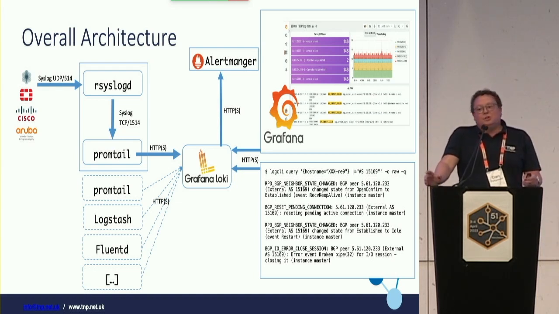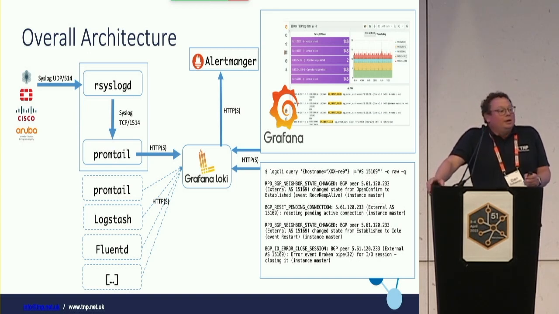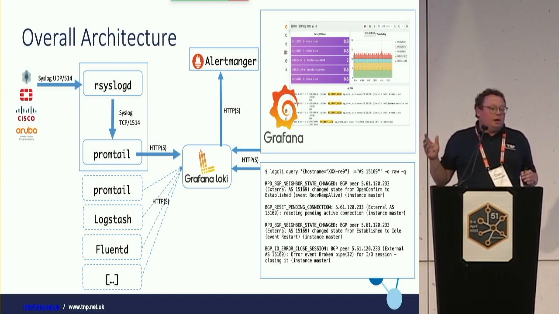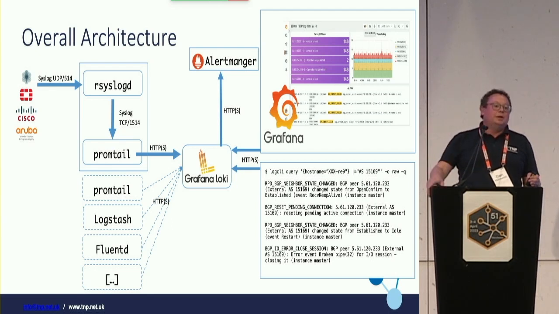We process it initially through our syslogd. That's a recommendation of the Loki team. They suggest using rsyslog or syslog-ng because those projects are much more battle hardened to dealing with the weird and wonderful ways that syslog gets sent.